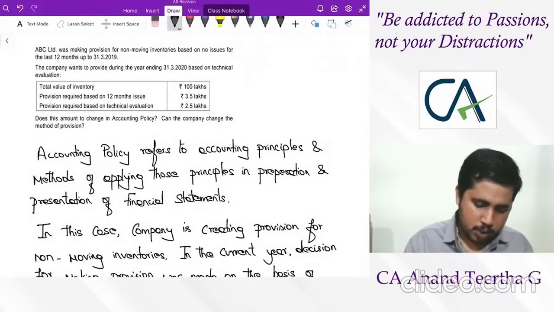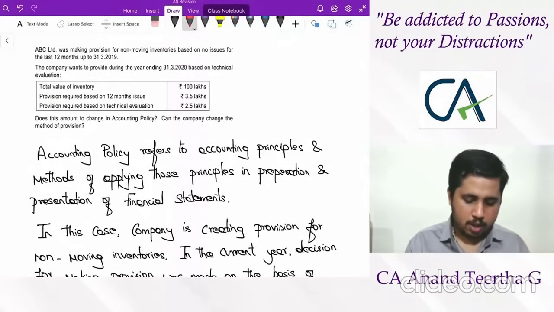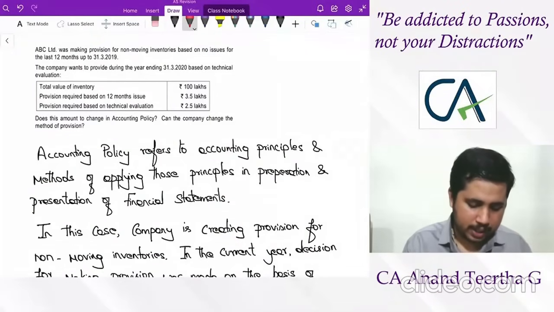ABC Limited was making provision for non-moving inventories based on number of issues for the last 12 months up to 31/3/2019. The company wants to provide during the year ending 31/3/20 based on technical evaluation. Total value of inventory 100 lakh, provision required based on 12 months issue, provision required based on technical evaluation.